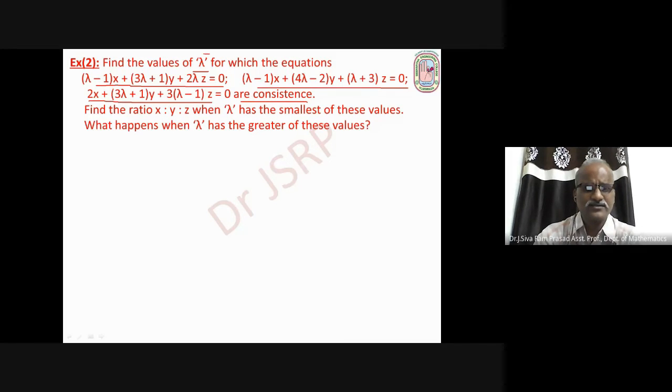So you have to find this lambda so that these equations are consistent.